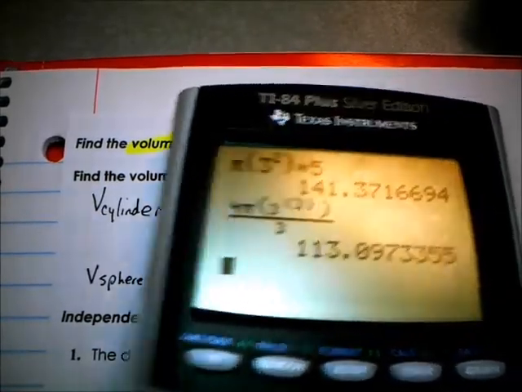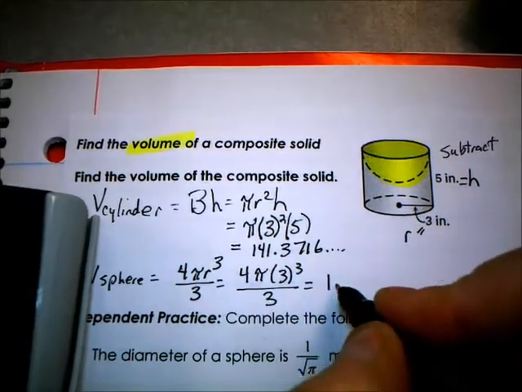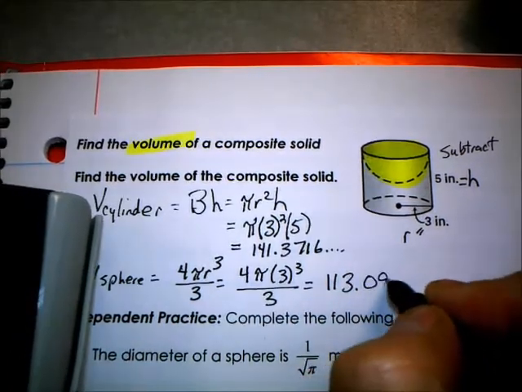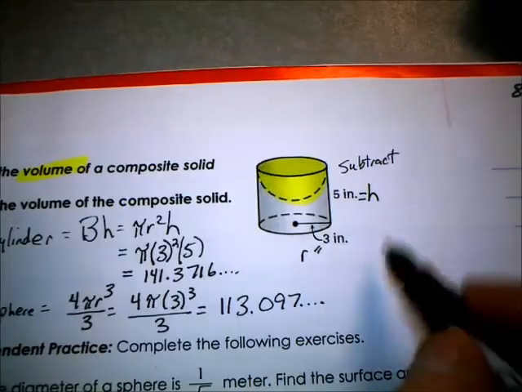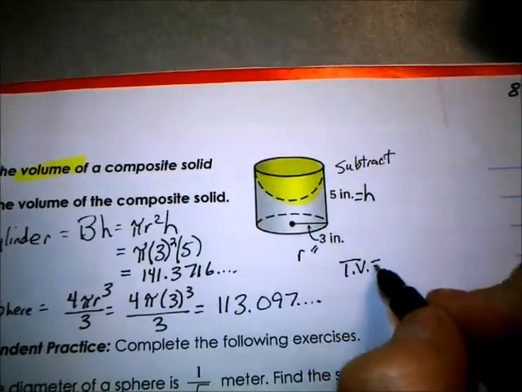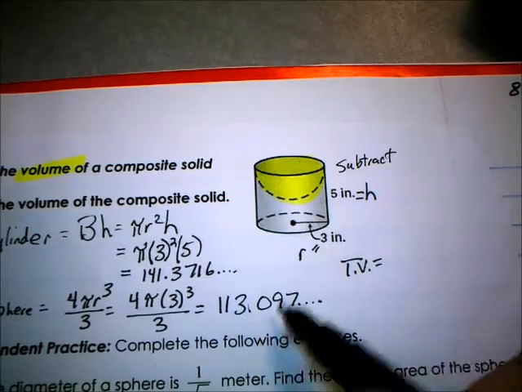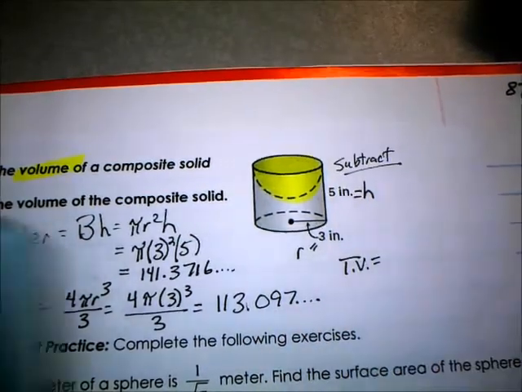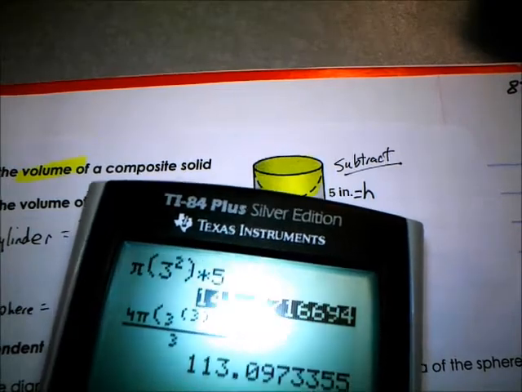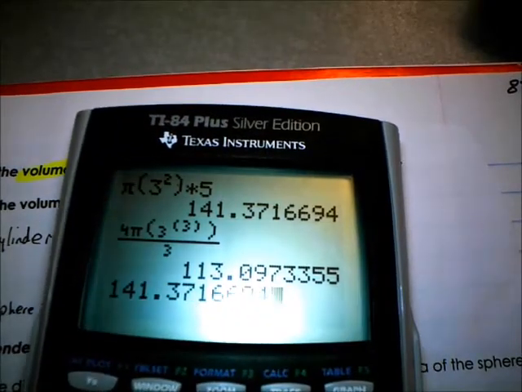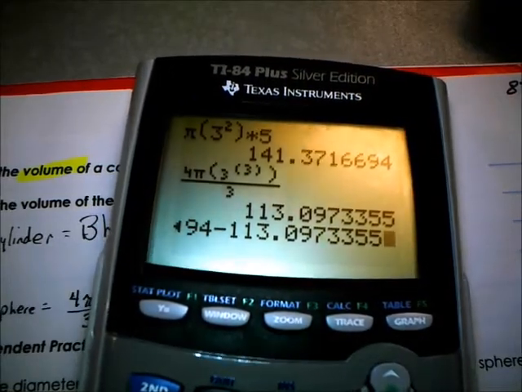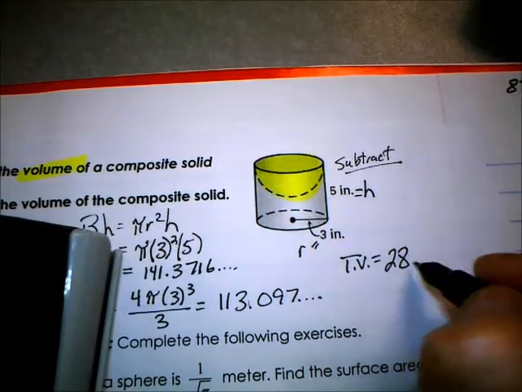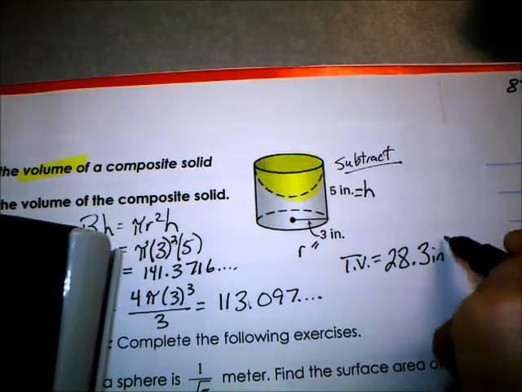That gives me 113.097, on and on and on. I'm going to leave that in my calculator. And now to find my composite volume, or my total volume, I'm going to take my two values and subtract them. So I'm going to go up and find the 114 and subtract 113. And that gives me 28.3 inches cubed is my total volume.